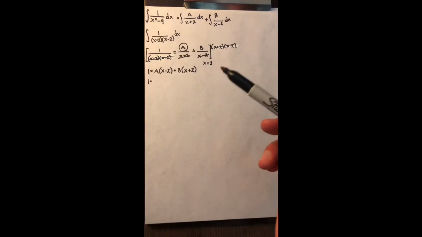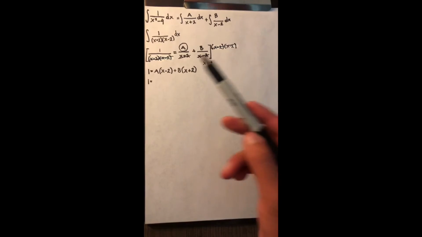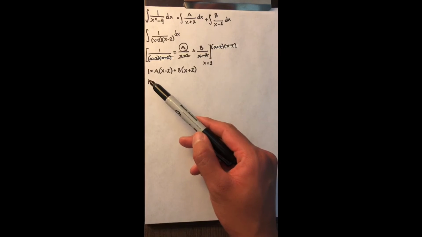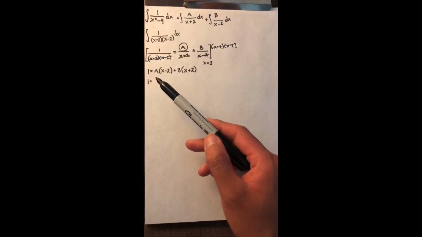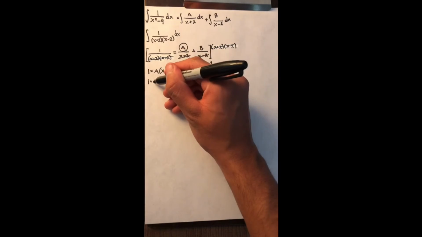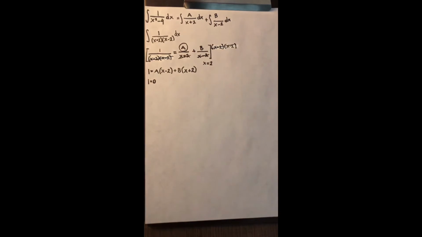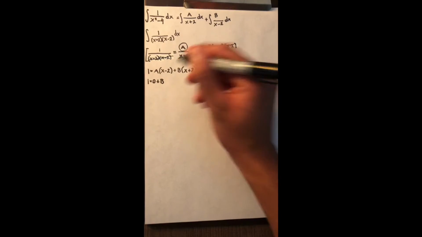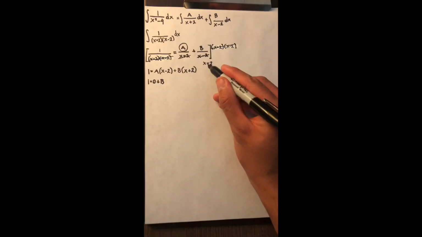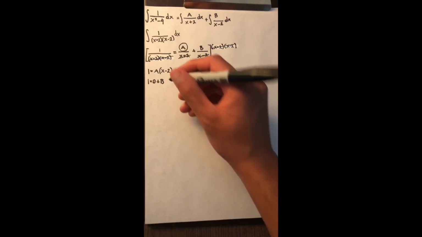So we have 1 is equal to a times 2 minus 2, which is 0, plus b times 2 plus 2, which is 4.